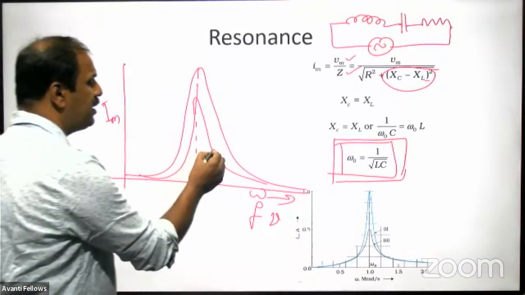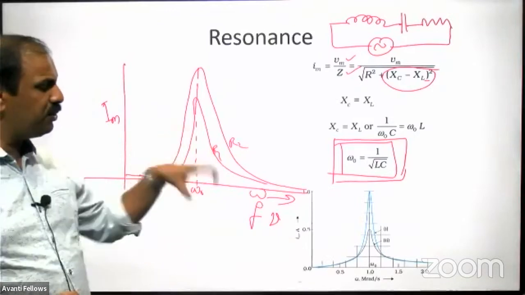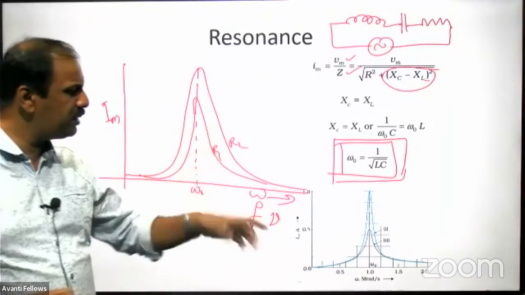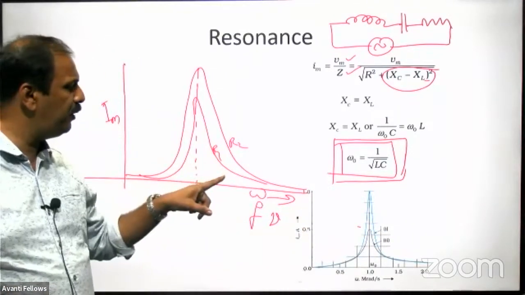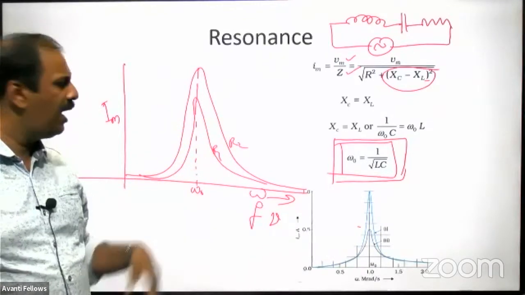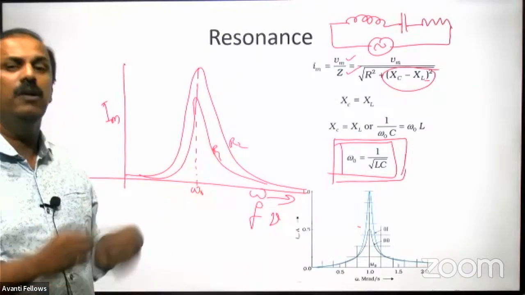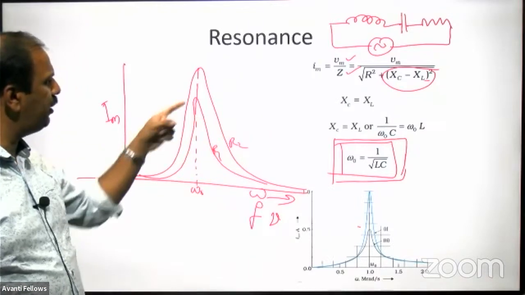If this one has resistance R1 and this has resistance R2, which one is higher resistance and which one is lower resistance? So you should be aware of this graph. In general, this graph is very important. In an LCR circuit, the resonance graph is given here, and the first curve and second curve are given for two resistances R1 and R2. Which resistance is bigger? You can see that when resistance is more, the current will be less.